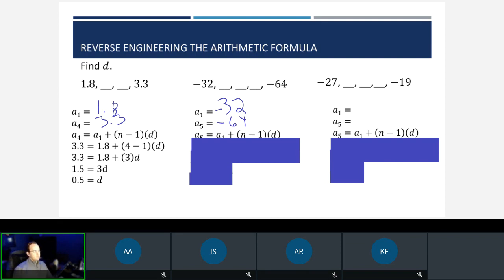All right, plug those in. And of course, our n is 5. All right, let's do the math on this. Yep, it's a new number.